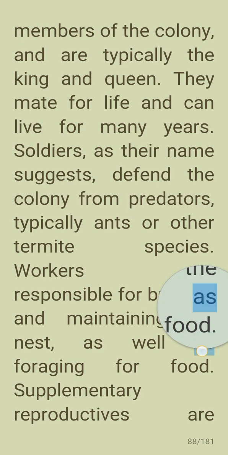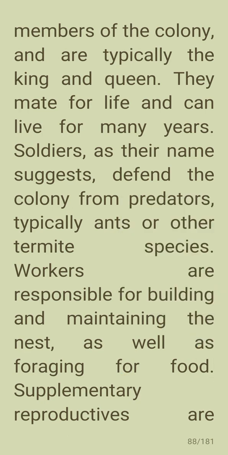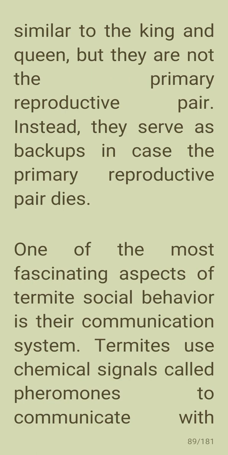Soldiers, as the name suggests, defend the colony from predators, typically ants or other termite species. Workers are responsible for building and maintaining the nest as well as foraging for food. Supplementary reproductives are similar to the king and queen, but they are not the primary reproductive pair. Instead, they serve as backups in case the primary reproductive pair dies.